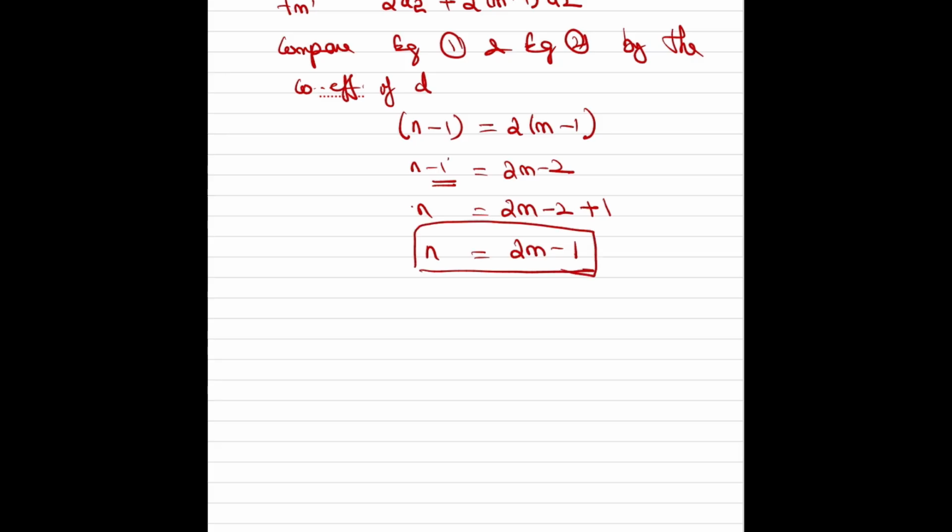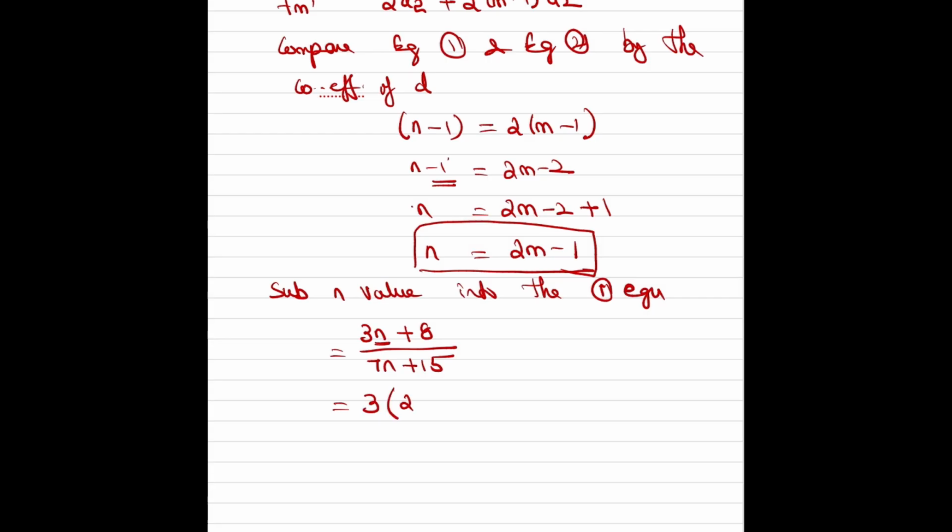So I'm going to substitute this n value into the first equation. Only taking the right-hand side, 3n plus 8 by 7n plus 15. Now, instead of n I am going to write the value 2m minus 1: 3 into 2m minus 1 plus 8 by 7 into 2m minus 1 plus 15.